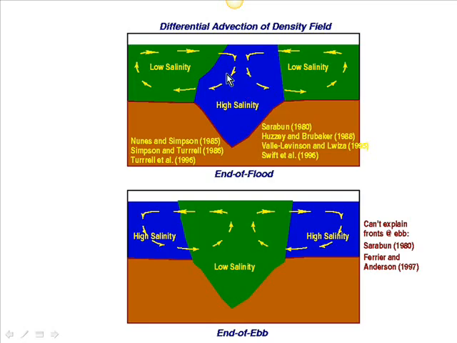By the end of flood, if we're looking here into the estuary with distance and depth, you have low salinity here on the shallow parts of the estuary, because the currents are weaker there. There's less advection of salinity, so there's relatively lower salinity relative to the channel, where the tidal currents are stronger and there's more advection of salinity coming from the ocean.